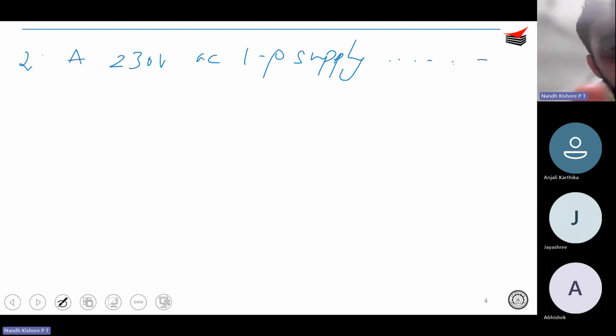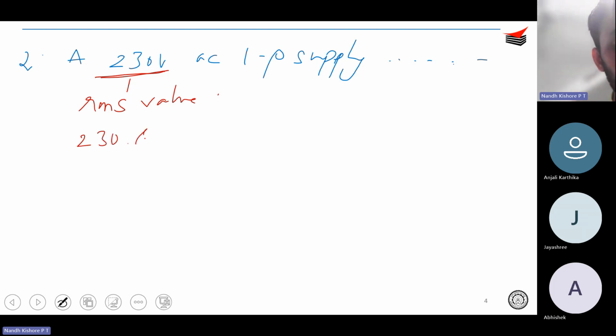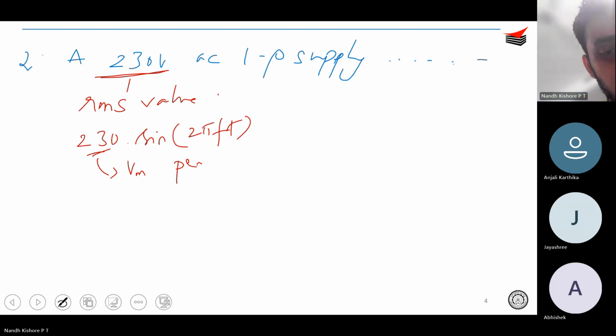If only the number alone is given, it is always the RMS value. If it was given as 230 sine 2 pi f t, or sine omega t, only then this 230 will be the peak value Vm. If only the number is given, it is always an RMS value.